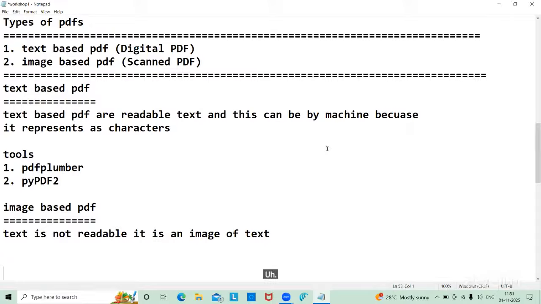Yes, but not why it is used today, clear for image based PDF. I didn't get. Anubhav, what is your doubt? I didn't get what you're asking. Why it is used today? Yeah, OCR is used for image based.